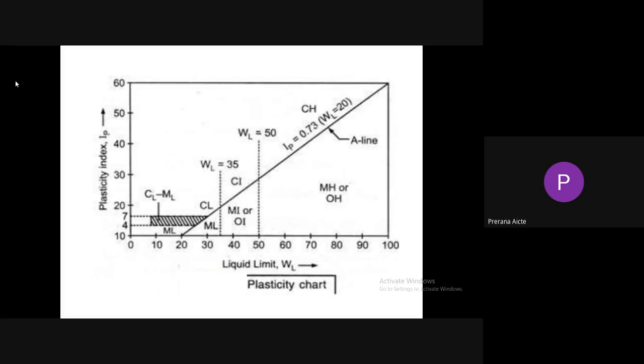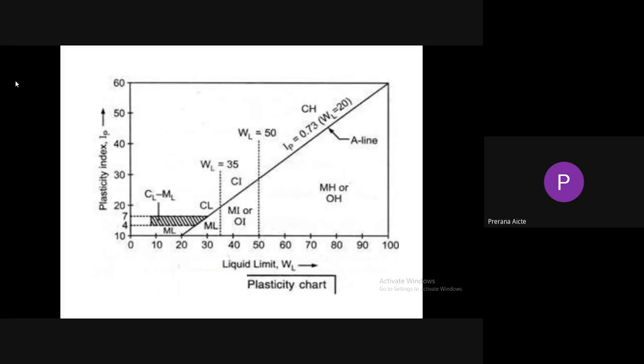If the point lies above the A line, it is called clay. If the point lies below the A line, it is called silt or organic soil. If the point lies above the A line, there is no confusion; definitely you can say it is clay soil.